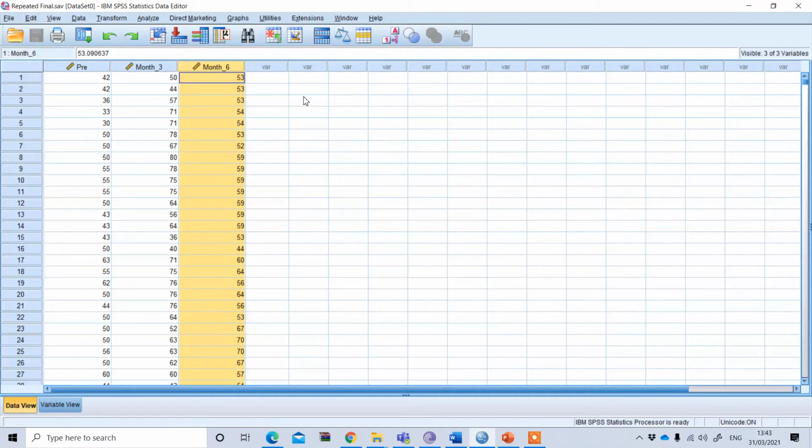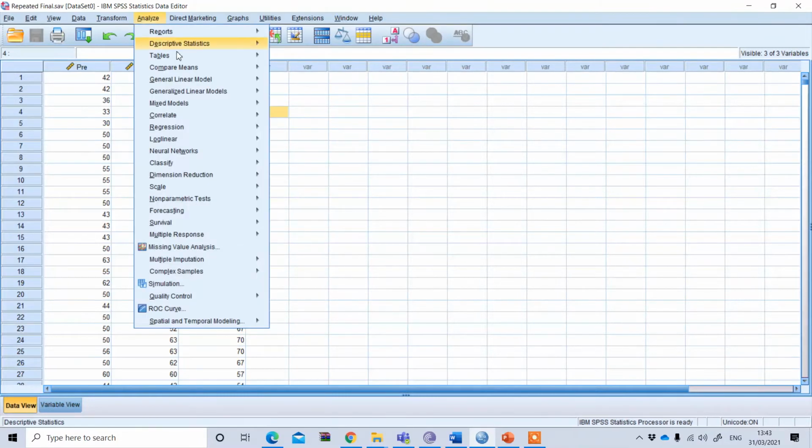now to perform the one-way repeated measure of ANOVA, we need to go to Analyze, and then General Linear Model.